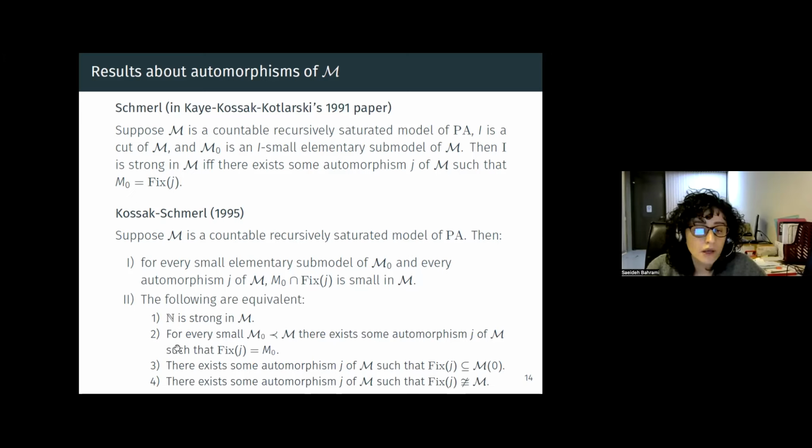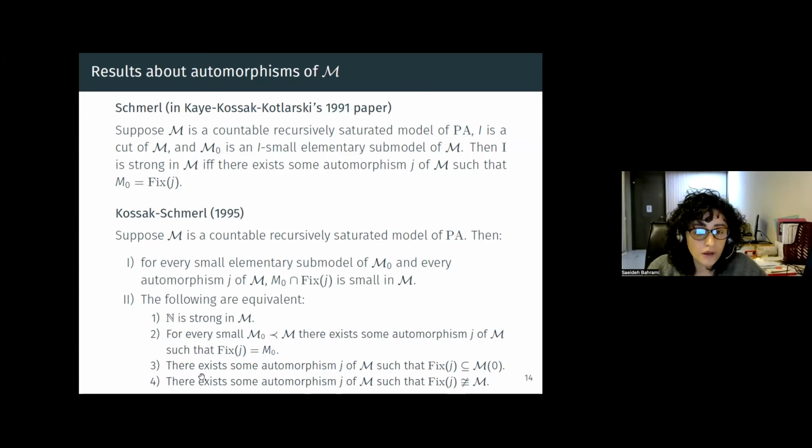They prove that N is strong if and only if for every small elementary submodel there exists some J. This theorem is actually a special case of this theorem.